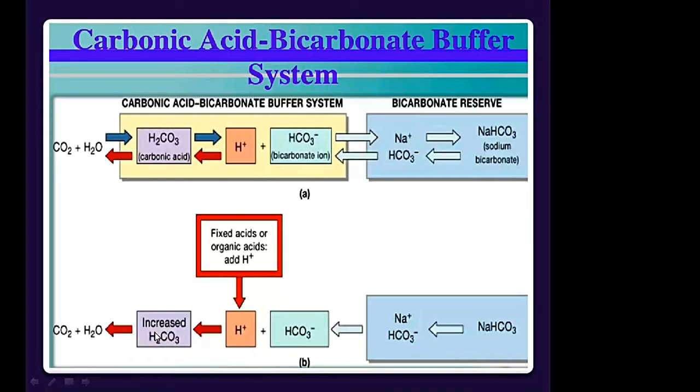When its concentration is increased, automatically this H2CO3 is dissociated into carbon dioxide and water. The same condition comes. So this is how, when excess proton enters our blood, bicarbonate and carbonic acid are shuttling, and it will act as a carbonic acid bicarbonate buffer system in your blood.